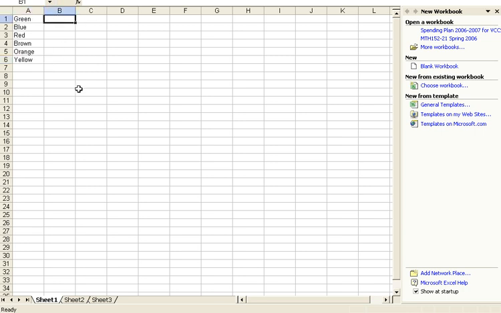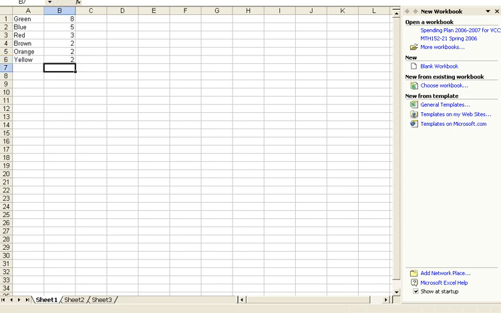Okay. Now I want to put my counts. I had 8 green. I had 5 blue. 3 red. 2 brown. 2 yellow, orange, and 2 yellow.